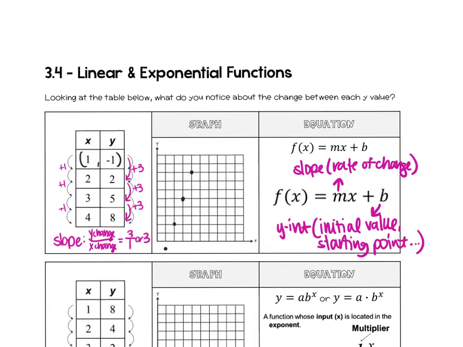Okay, so basically relations written in this form, f of x equals mx plus b, have a constant rate of change going on, so all this changed by the same amount each time, or on the graph they form a straight line like that. I'm just going to write that there.